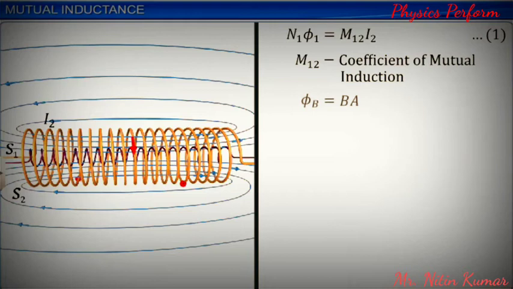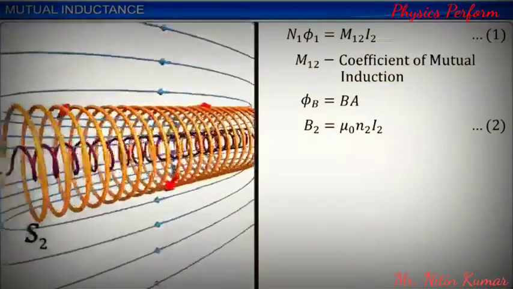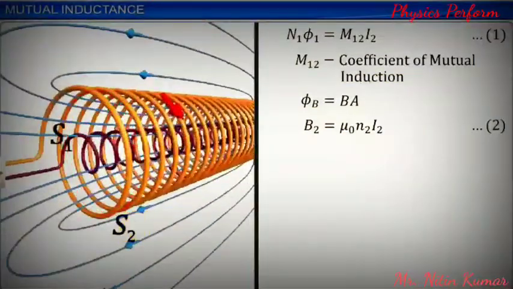The magnetic flux is equal to the product of the magnetic field strength and the area. The magnetic field strength B2 due to the current I2 in solenoid S2 is given by B2 equal to mu naught n2 I2. Let this be equation 2. Area of the coil in solenoid S1, A is equal to pi R1 square.